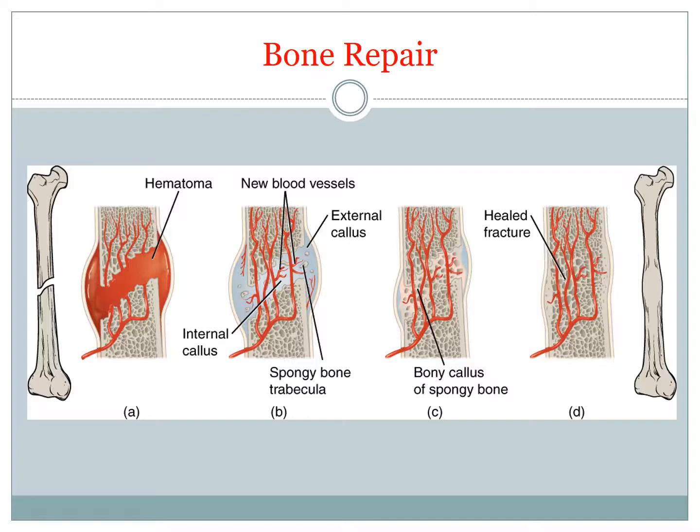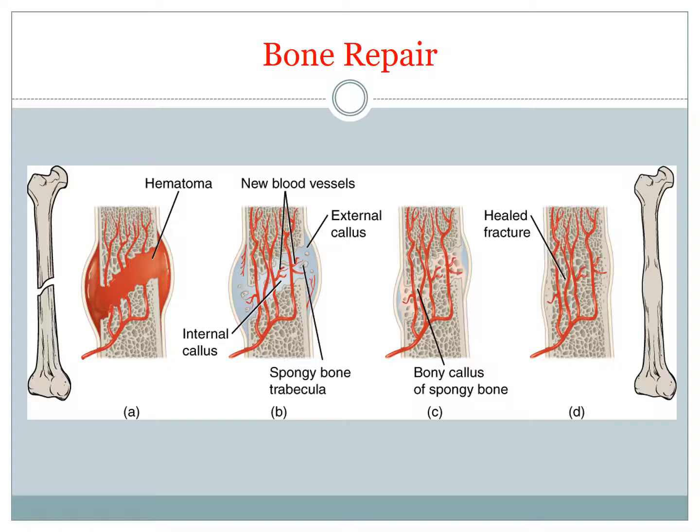Then we have formation of the bony callus. Osteoblasts and osteoclasts continue to migrate inward and multiply rapidly in the fibrocartilage callus. As the material calcifies, the tissue becomes a bony callus. Finally, there is remodeling.